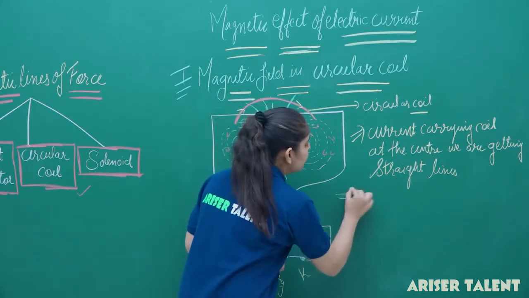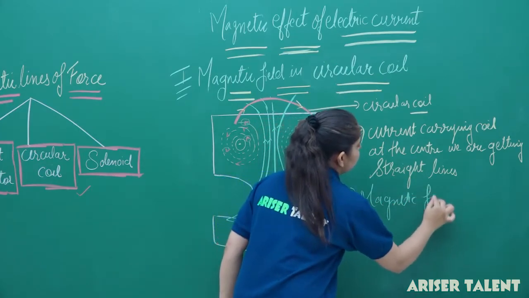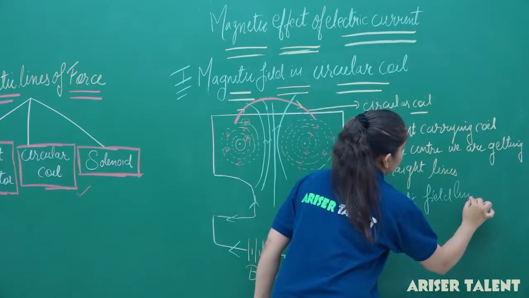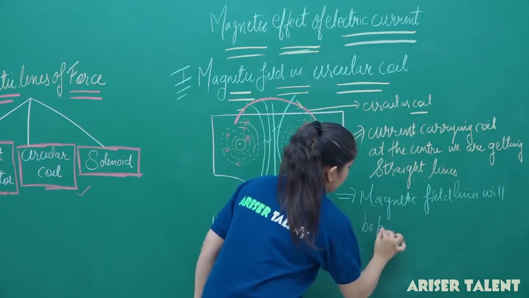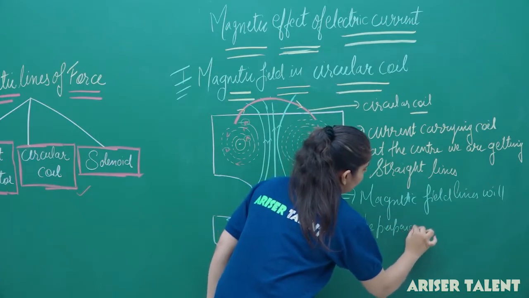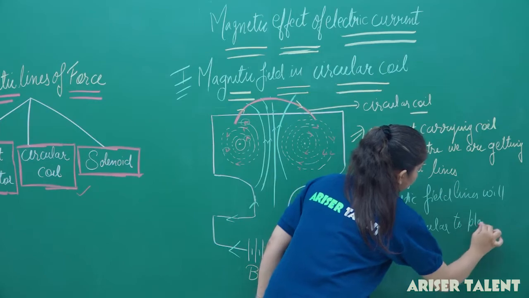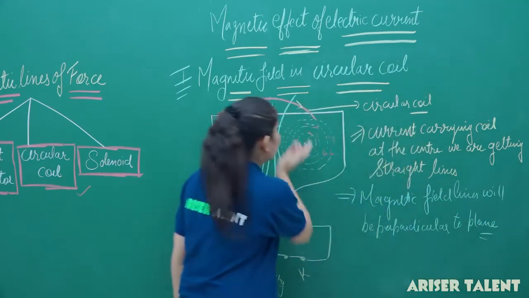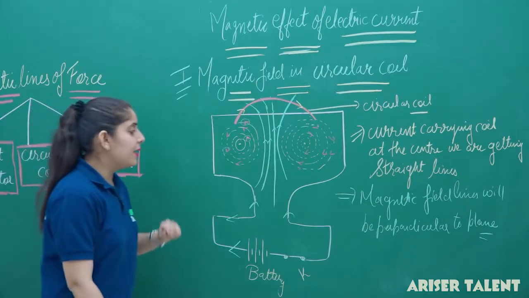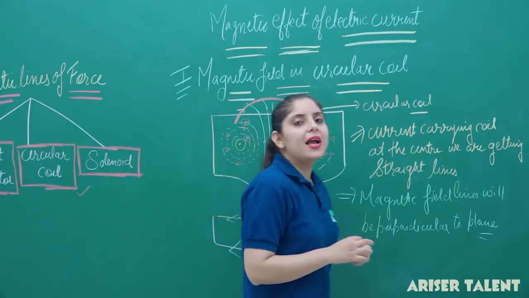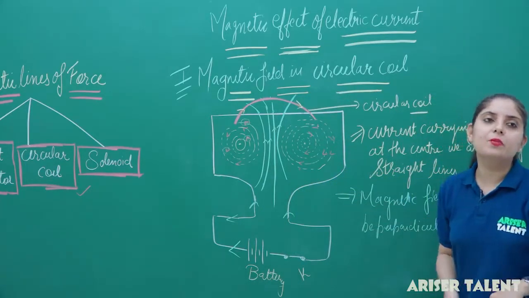So in this case, the magnetic field lines will be perpendicular to this plane. So this is about the magnetic field lines in the case of the circular coil. Just copy this diagram from here so we can proceed to our next part.